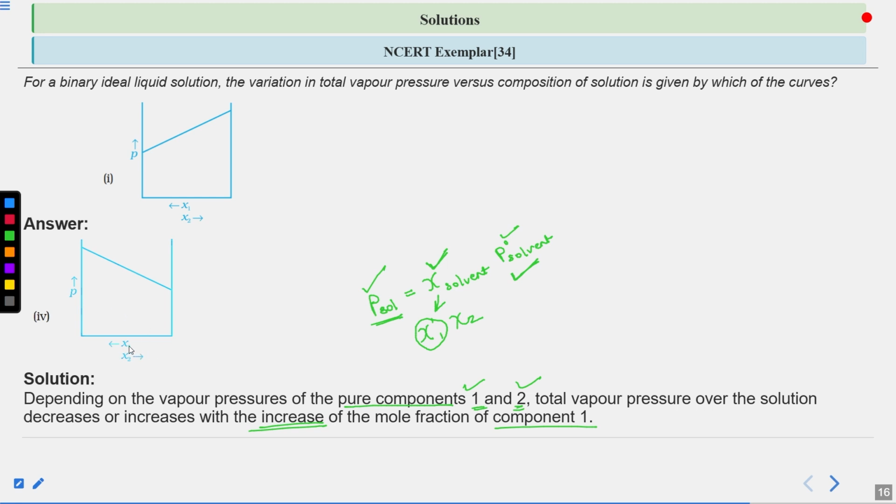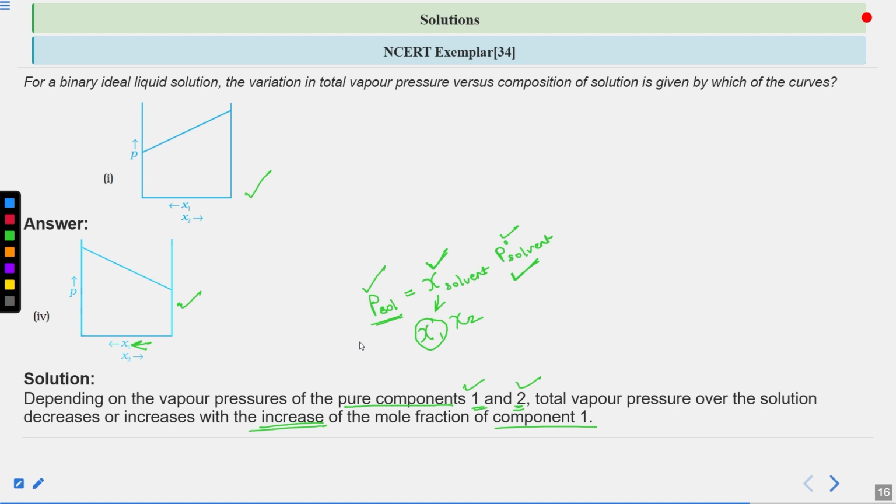If x1 is increasing and the pure solvent vapor pressure is increasing, then this one will be the graph. And if the vapor pressure of the pure solvent for the component is decreasing, then this one will be the graph.